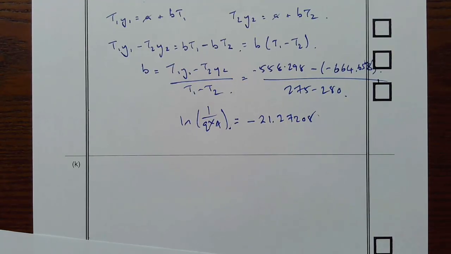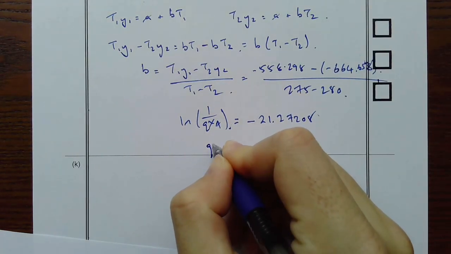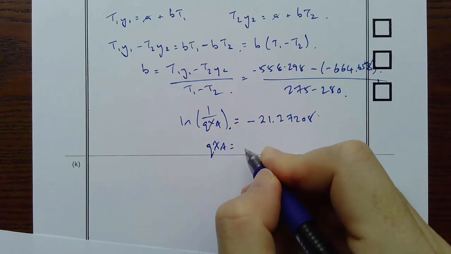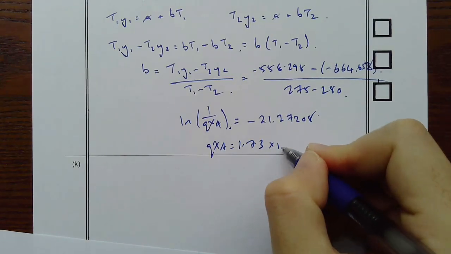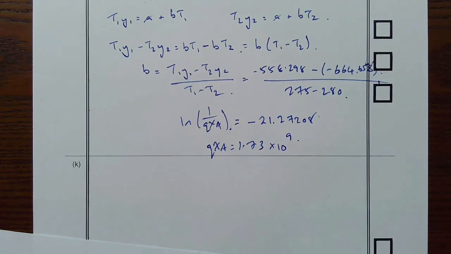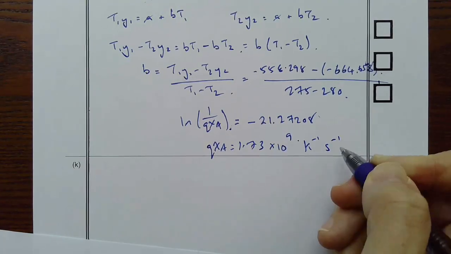So if I take the exponential of that and the reciprocal, I get q chi a is 1.73 times 10 to the power of 9. And I'll write the units on as you were given them.